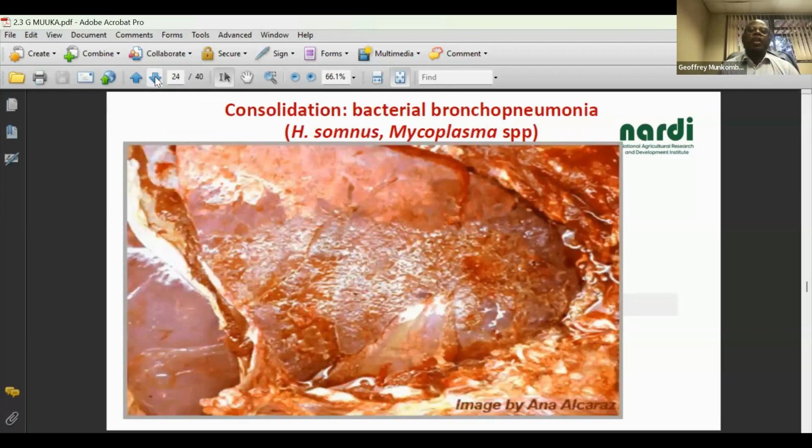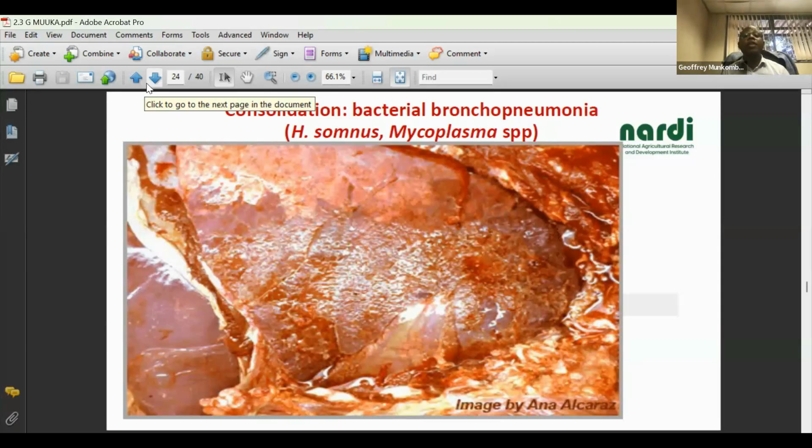We still continue with the consolidation. Now we are looking at the whole lung, and you've got bacterial bronchopneumonia here. We know that this can be caused by Haemophilus somnus and also Mycoplasma species, other than Mycoplasma mycoides. Therefore, you might see this bronchopneumonia in areas where you have not trained your staff properly, or where the community is aware of CBPP.